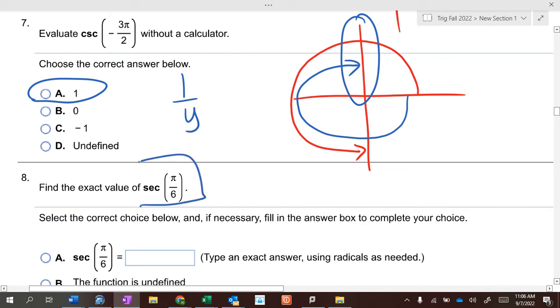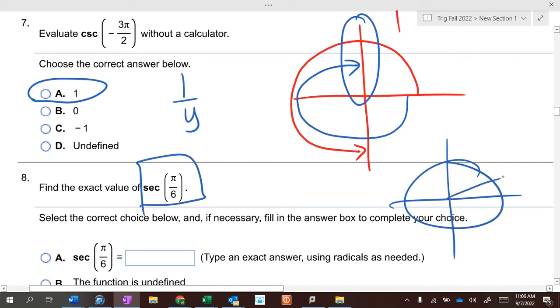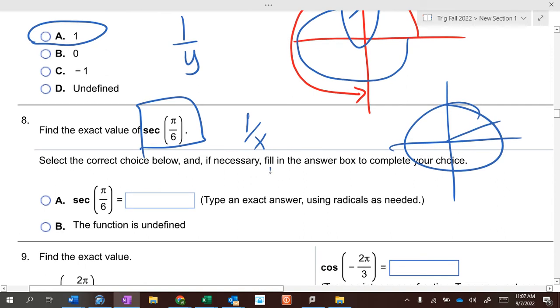All right. Secant of pi over 6. Where in the heck is pi over 6? 30 degrees, first quadrant right there. Secant is 1 over x. So it's 1 over square root of 3 over 2.